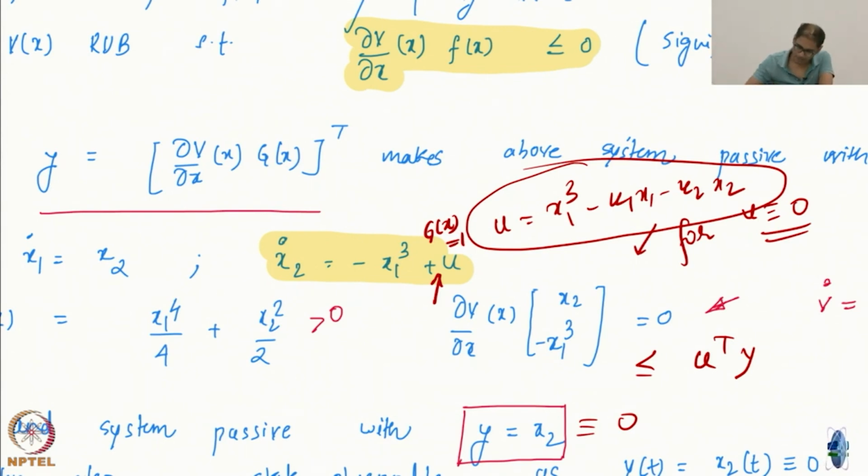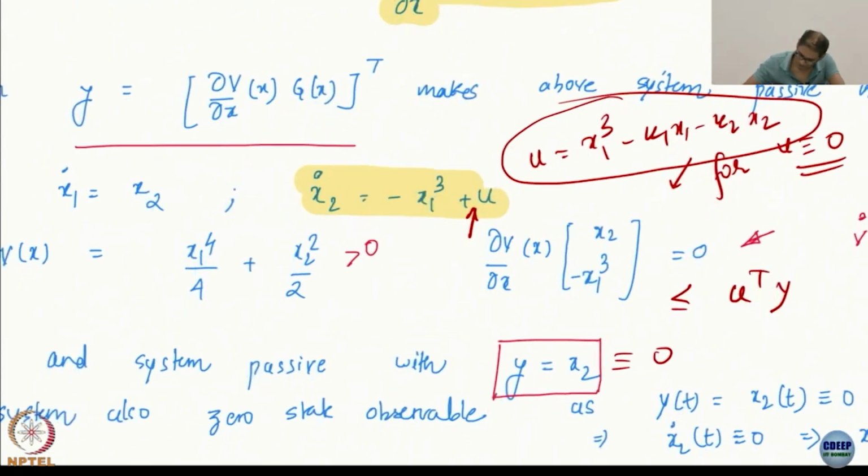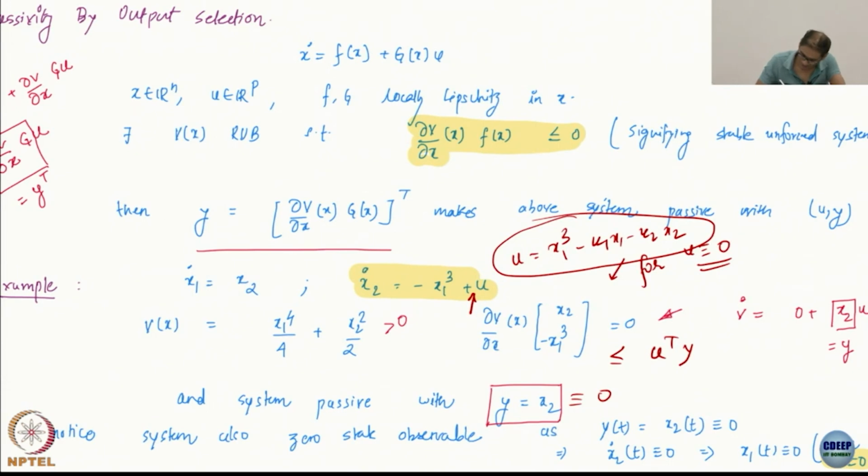Again, I have to be careful. G of x is not 1. What is g of x actually? G of x for this example is [0, 1]. It is a second order system, so we have to be a little bit careful.